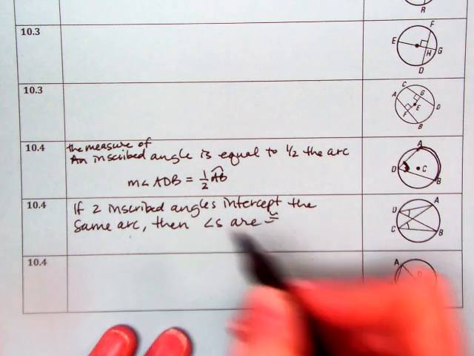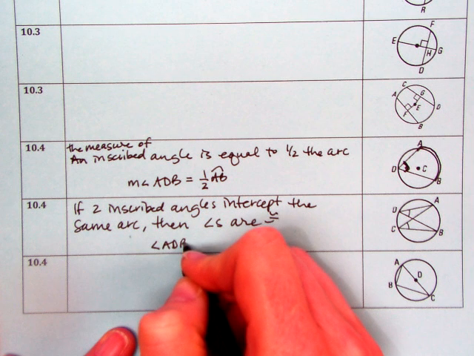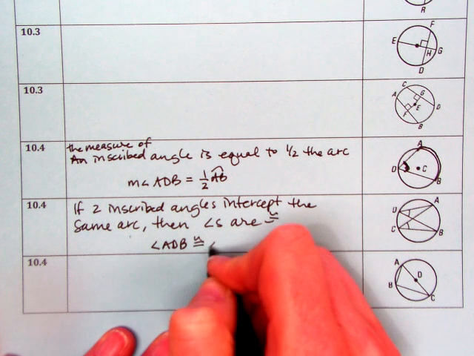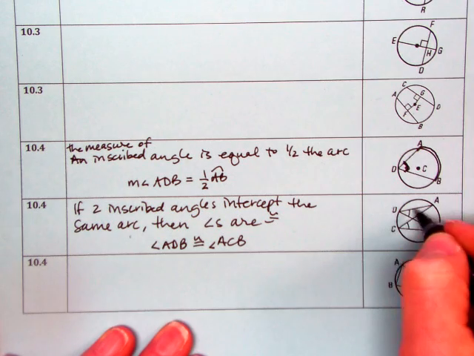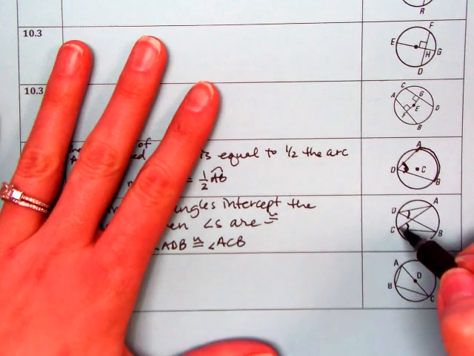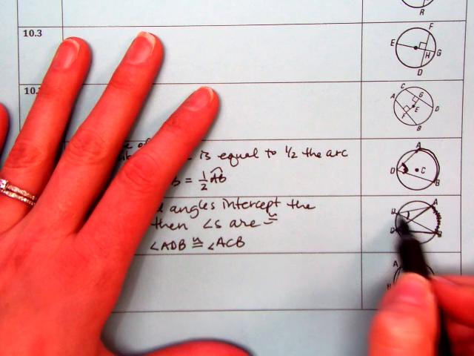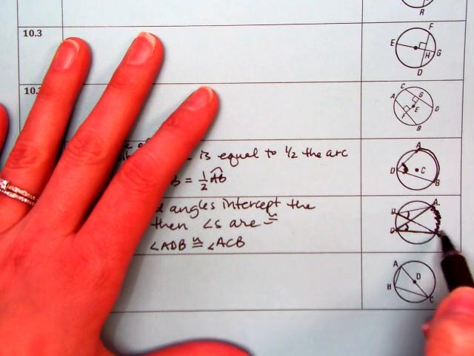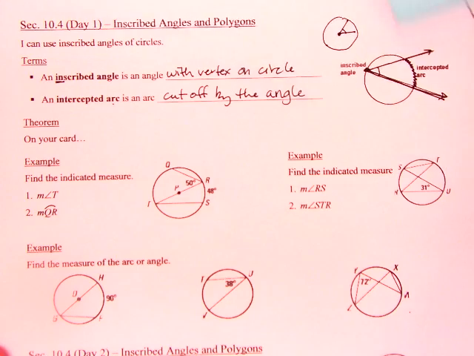So what that means is in this picture, the measure of angle ADB is going to be congruent to the measure of angle ACB. So this angle right here is equal to this one. And the reason why is, angle C, this ACB right here, cuts off this arc. And angle ADB cuts off the same arc. So since they cut off the same arc, they have to be the same measure. Okay, so those are the two big theorems we're going to work with today.